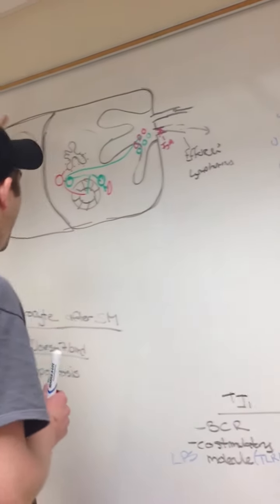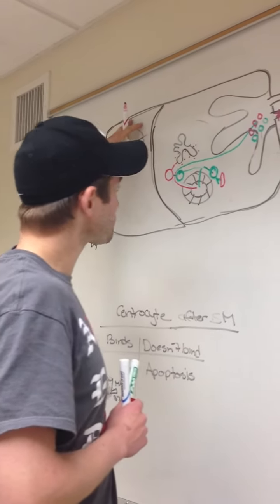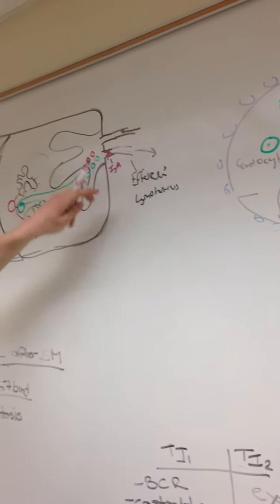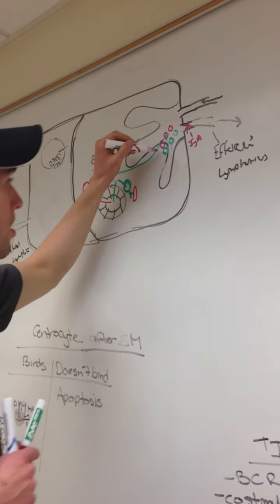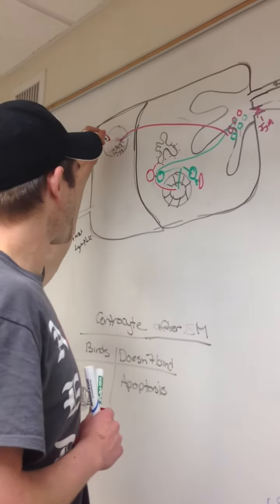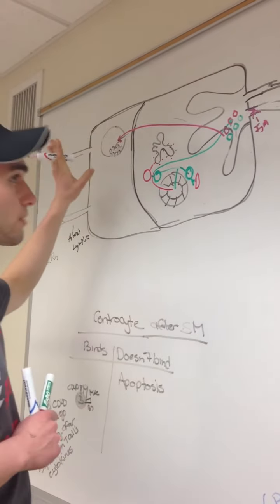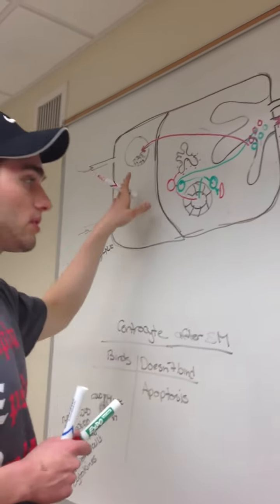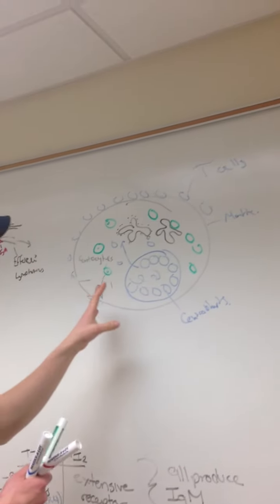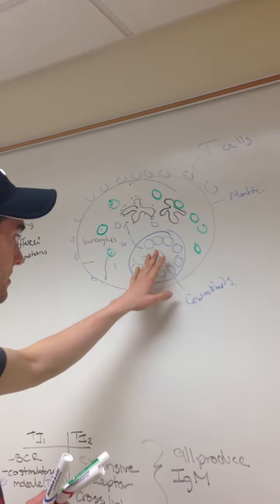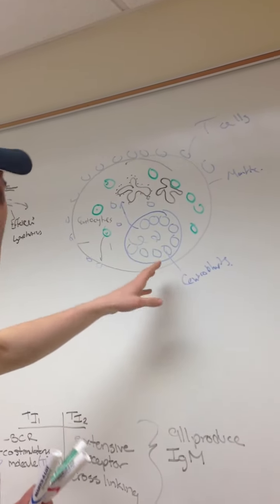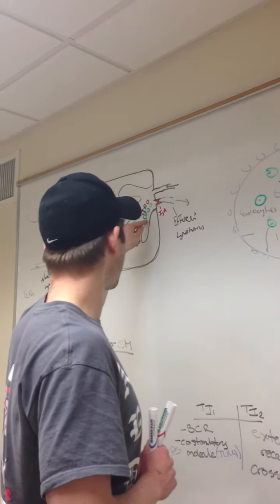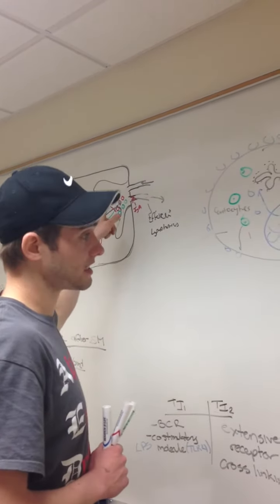So at this point, we have a primary focus, and then this conjugate pair will then move over into the primary follicle, and this was the beginning of a germinal center, and then this is kind of a larger view. So over here again, in blue, these are centroblasts. The centroblasts are basically the progeny of the B cells, which are in green here, that had interaction with the T cells.